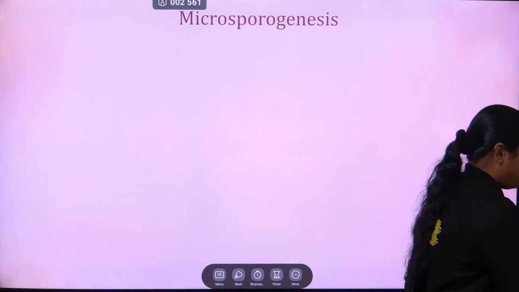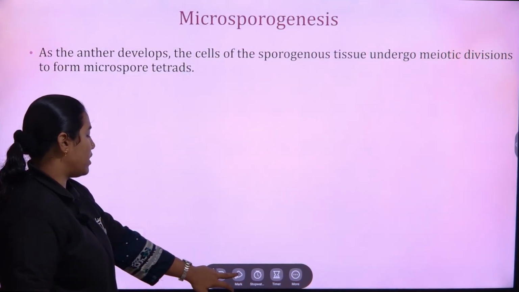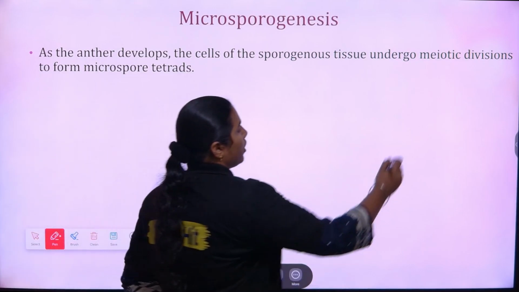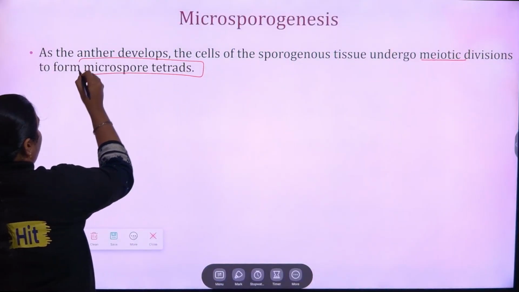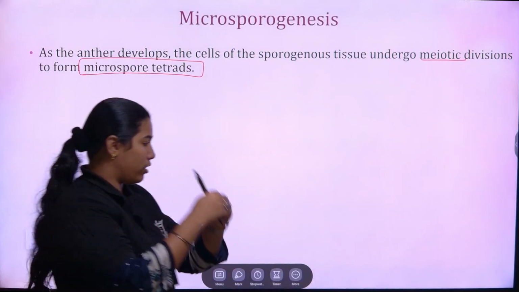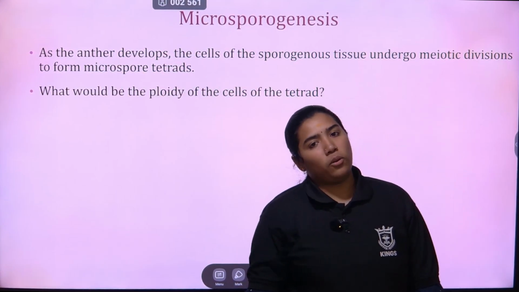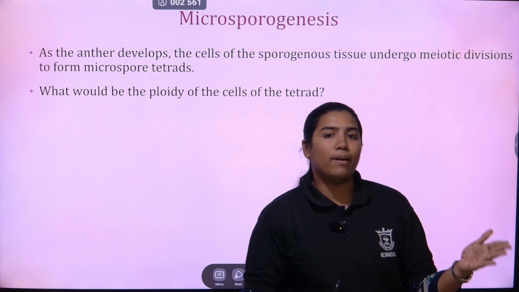Now, as the anthers develop, the cells of the sporogenous tissue undergo meiotic division. So we just discussed that. They will be undergoing meiotic division. By means of meiotic divisions, they will be forming the microspore tetrads. So we saw the four cells staying together. Next, what would be the ploidy? We just discussed. Because of meiosis, the diploid cells will become haploid.